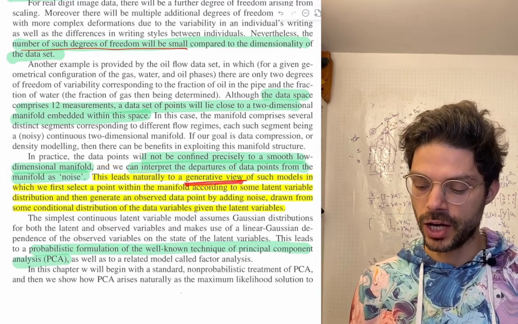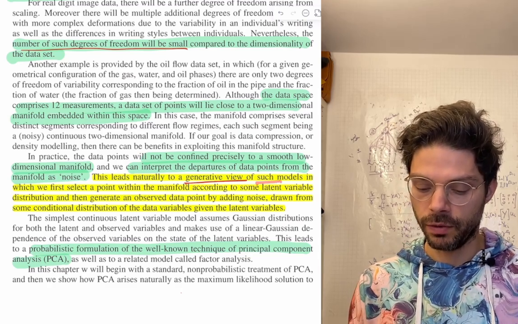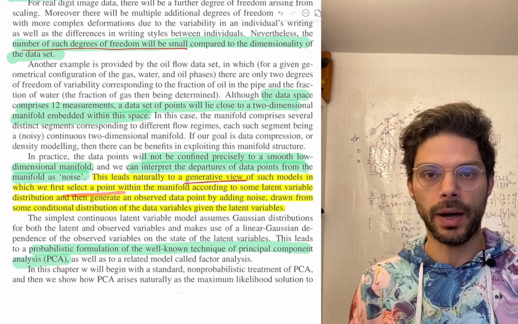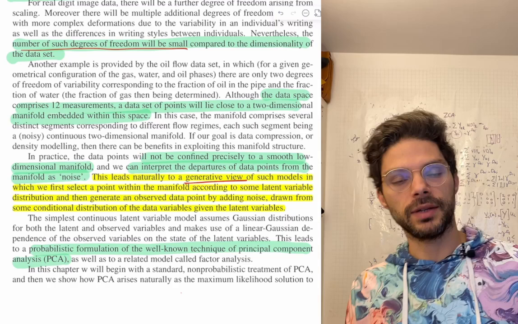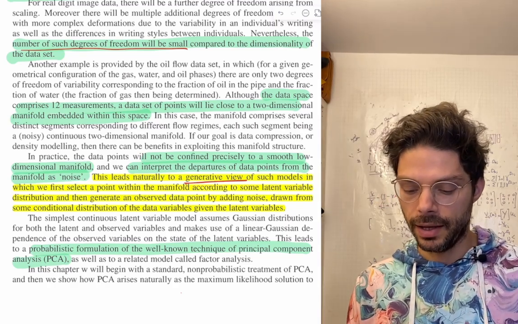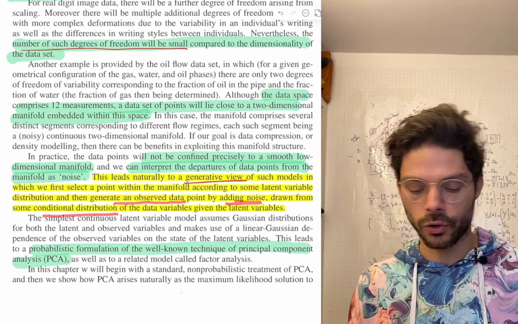This leads naturally to a generative view, which is big these days, of such models in which we first select the point within the manifold according to some latent variable distribution. So maybe we'll try to select points randomly or whatever it is, and then generate an observed data point by adding noise drawn from some conditional distribution of the data.